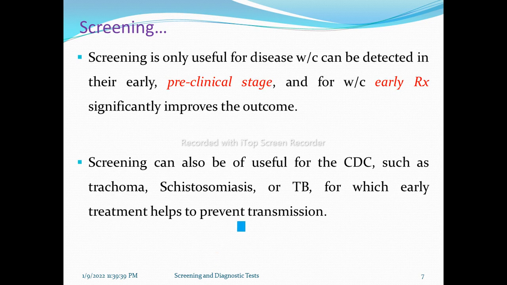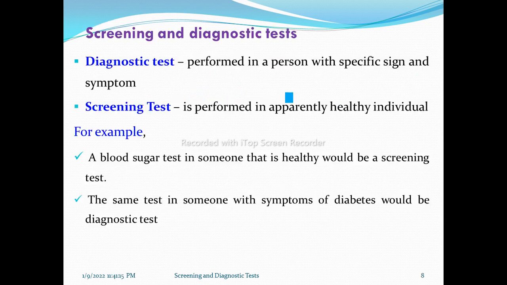It should be in the preclinical or subclinical stage. That means it should not have developed signs and symptoms, that means the clinical stage. This is an important thing. Screening can also be useful for communicable disease control, such as trachoma, schistosomiasis or TB, for which early treatment helps to prevent transmission.